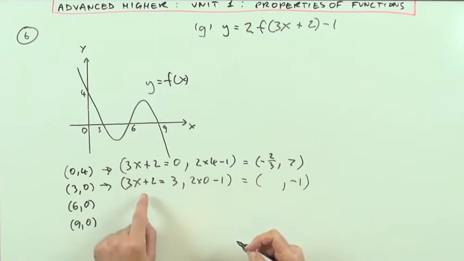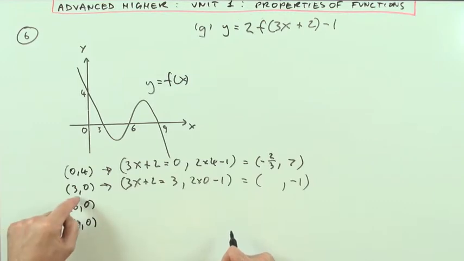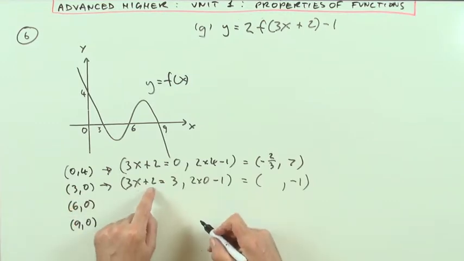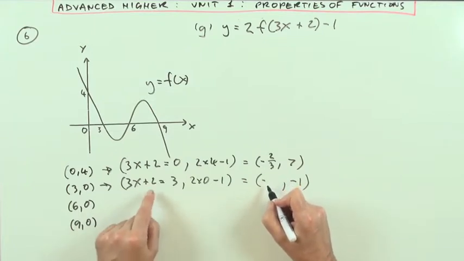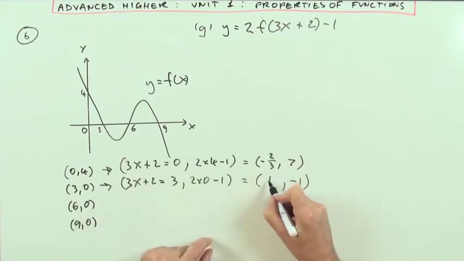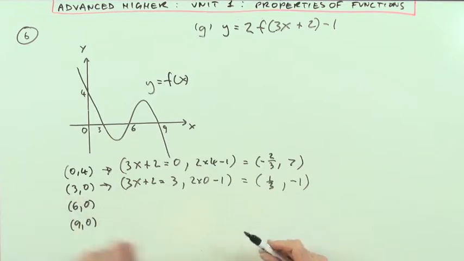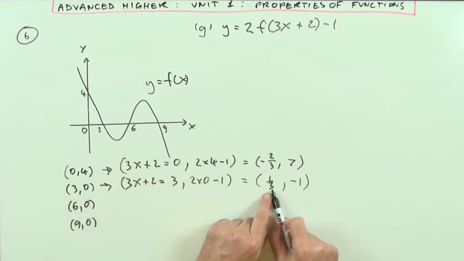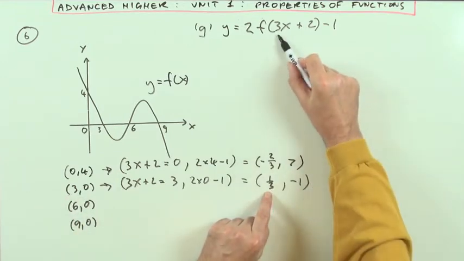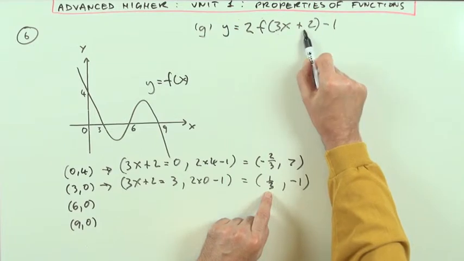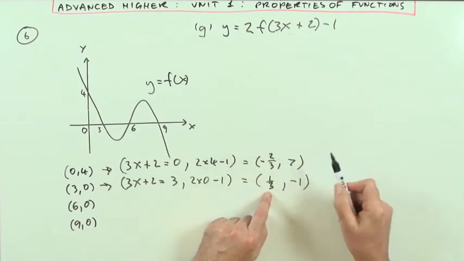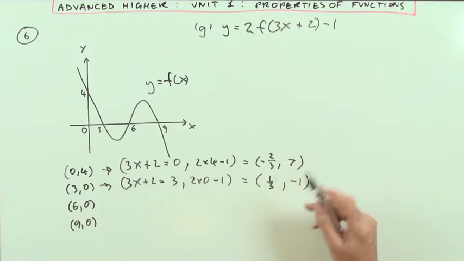Solve this equation to find who wants this answer. Take away 2, that's negative 1. Divide by 3, that's 1/3. The answer would go to 1/3. If I wanted to plot the answer at 1/3, I would do 3 times it, which is 1, add on 2, which is 3, and seek out the answer for 3.